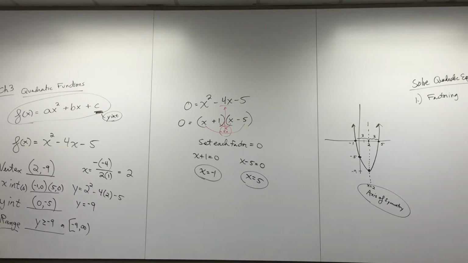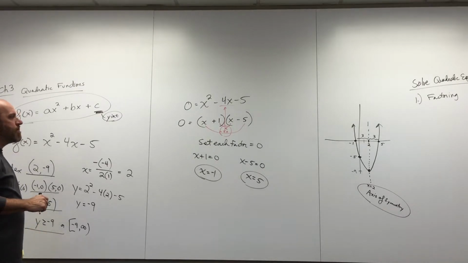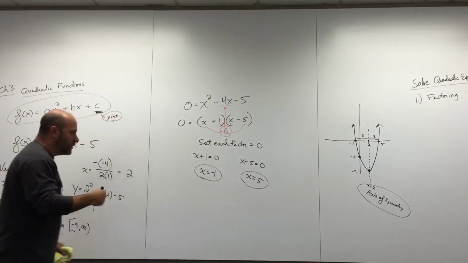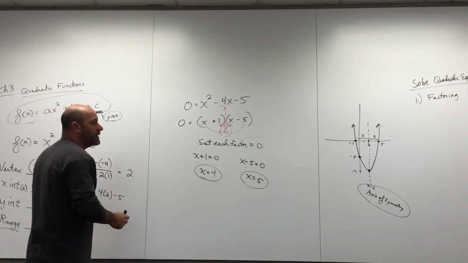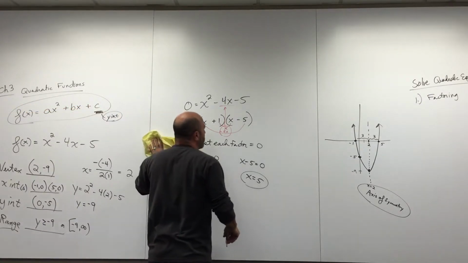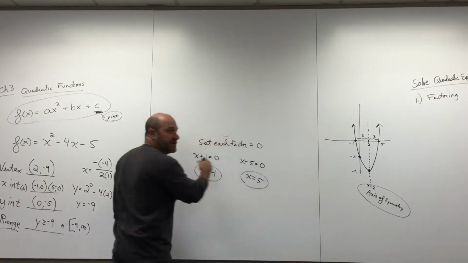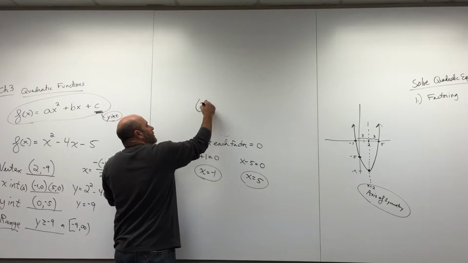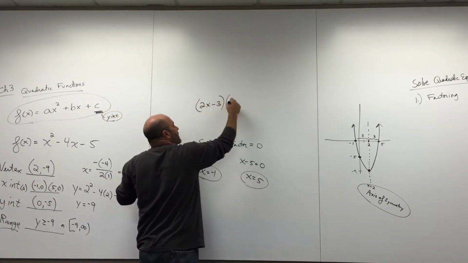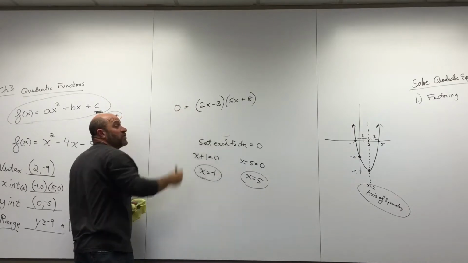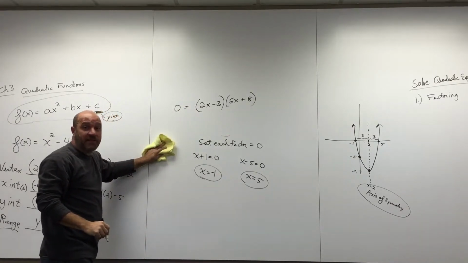If you had like 2x plus 1 and then 2x. Oh, right. These factors can be more complicated. Just to answer his question, what if this was your factor? 2x minus 3 and 5x plus 8. You would set these each equal to 0 and you would get yourself a couple answers.